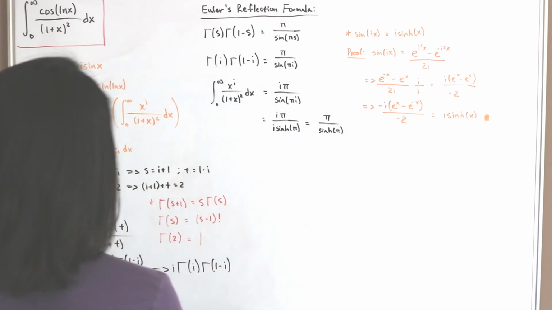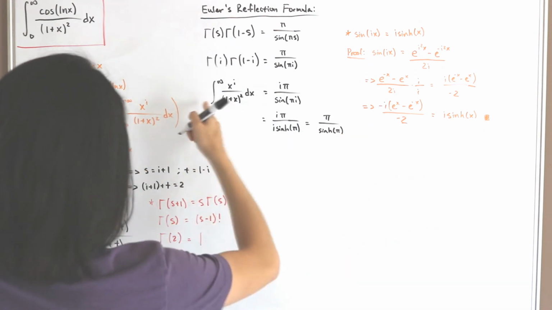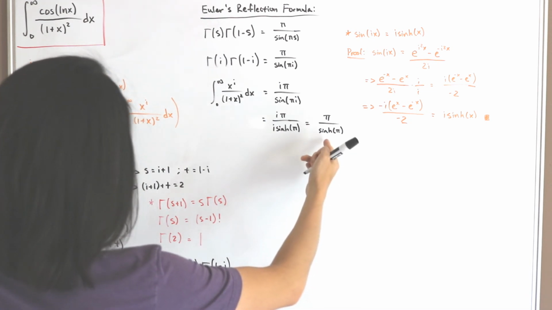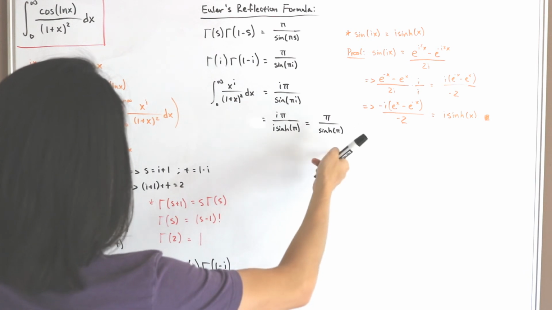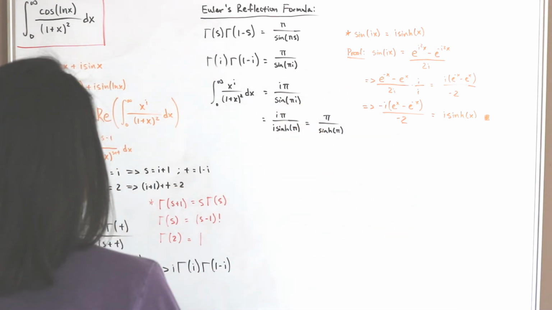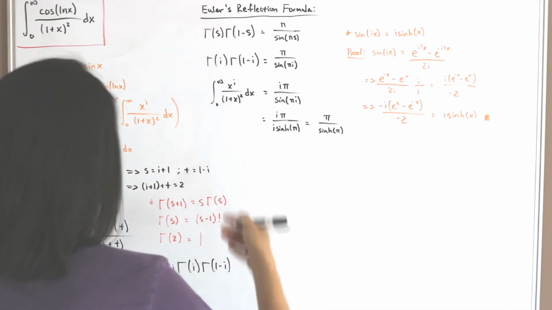The last step really is that we have to take the real part of this integral, but pi divided by the hyperbolic sine of pi is actually a real value, and it's not multiplied with some imaginary unit.